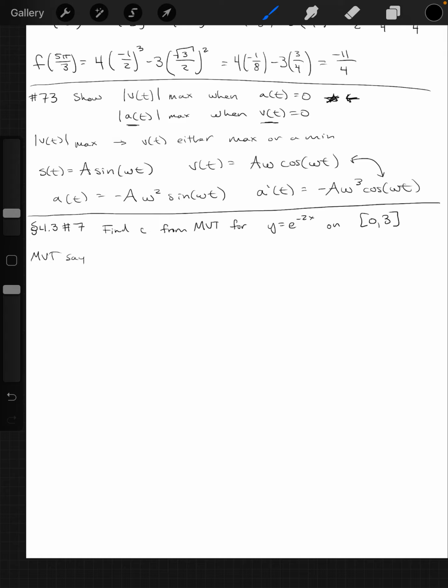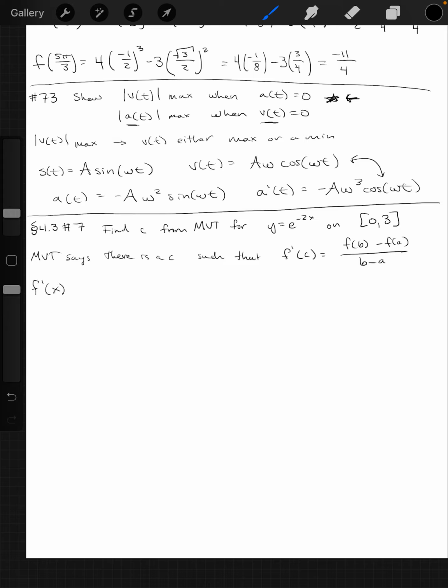So the mean value theorem says there is a C such that f prime of c equals f of b minus f of a all over b minus a. So what we need to do to find this c is figure out all those pieces and plug stuff in.